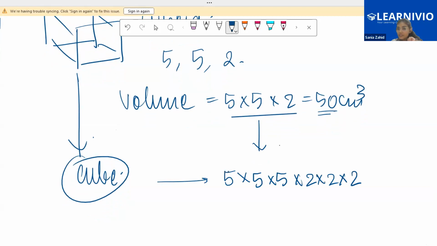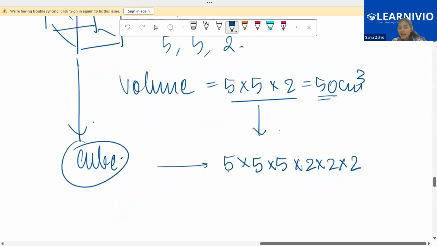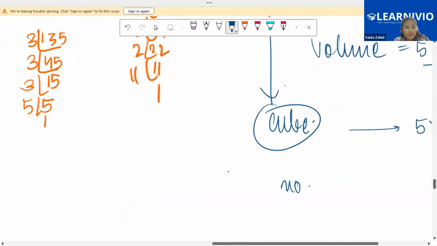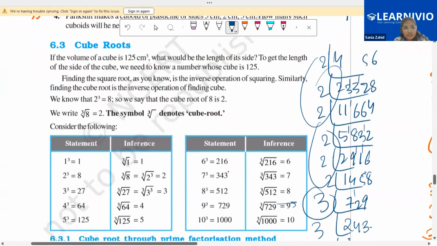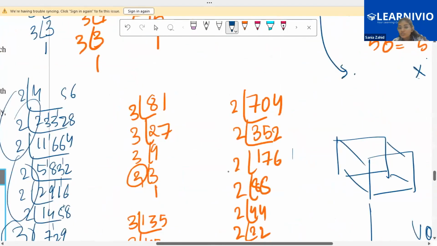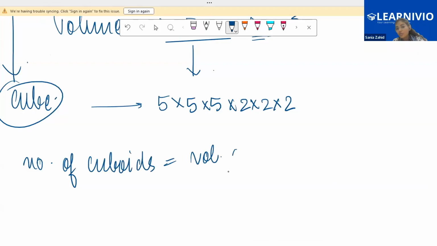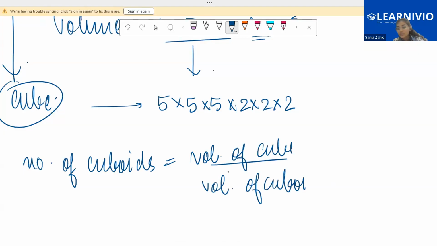Now, what was the question? The number of cuboids that you need is the volume of the cube divided by the volume of the cuboid.